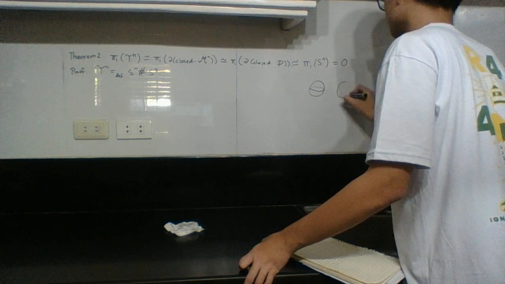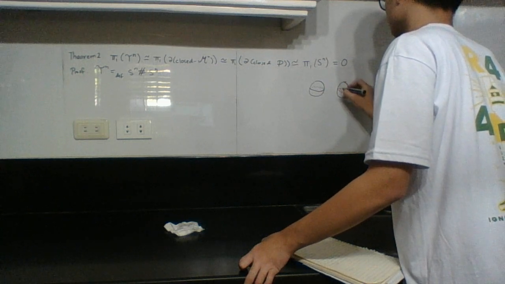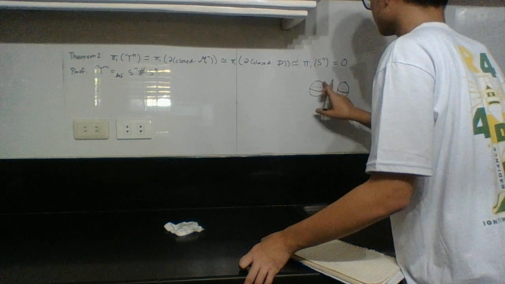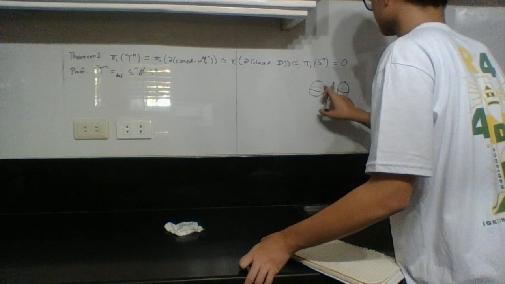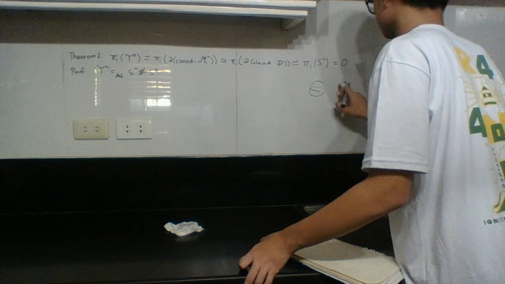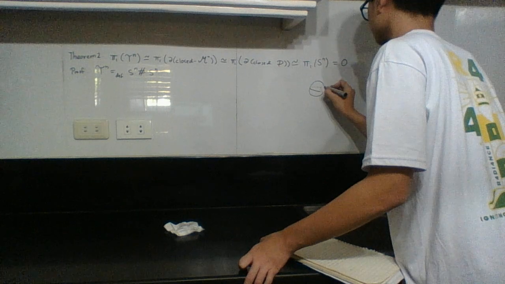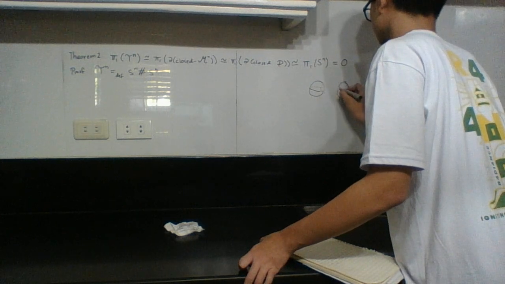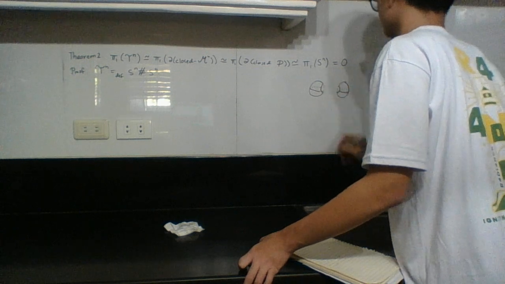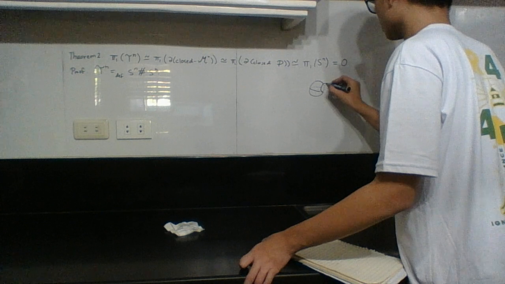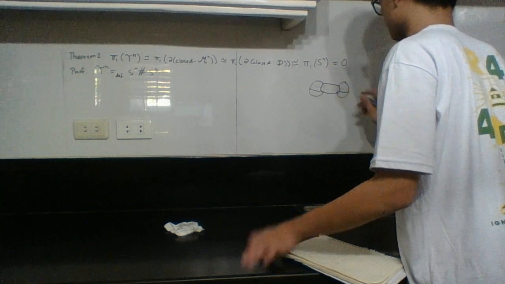And then I have another 2 sphere, and then I take away a subset of it, which is alpha, and then I glue along these guys here.